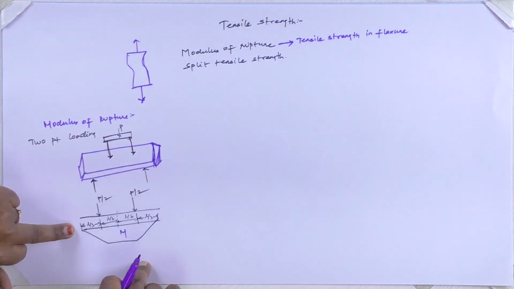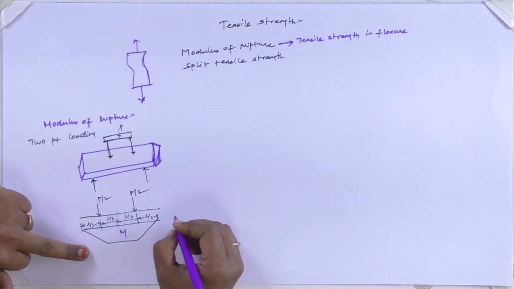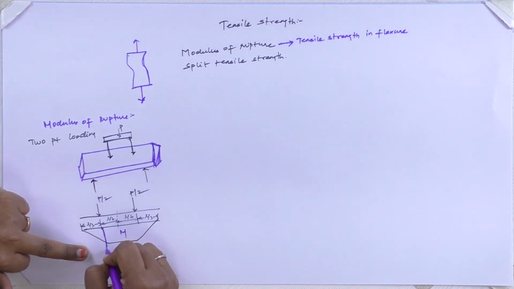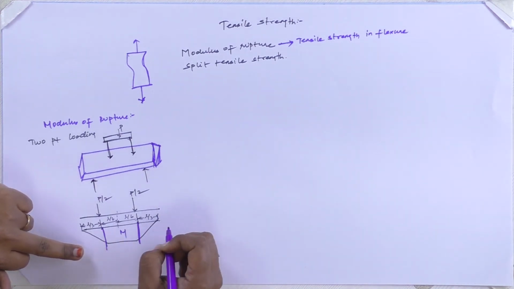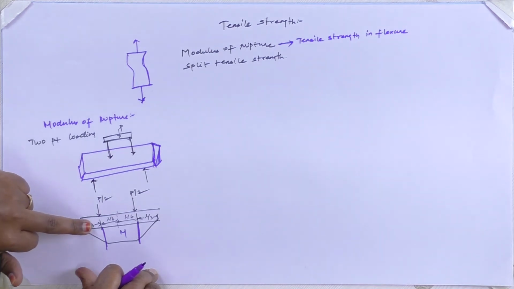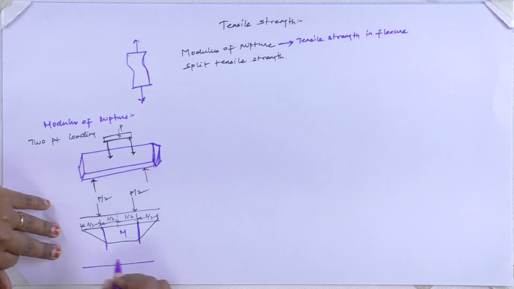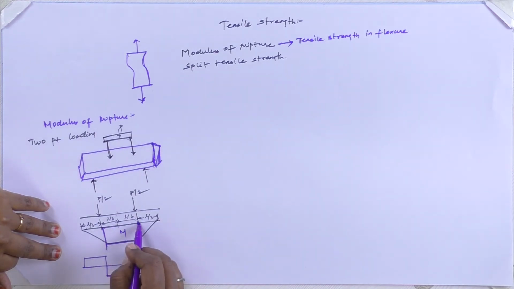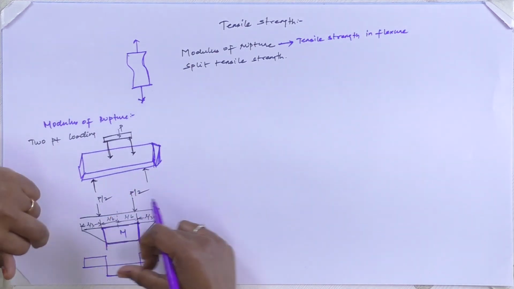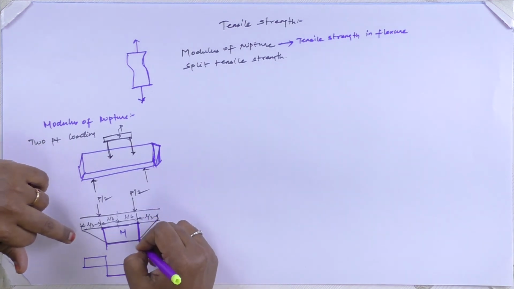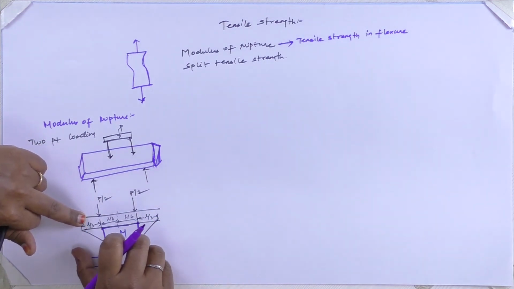if we observe this bending moment diagram, we can see that this portion is being subjected to pure bending and no shear is influenced in this zone.